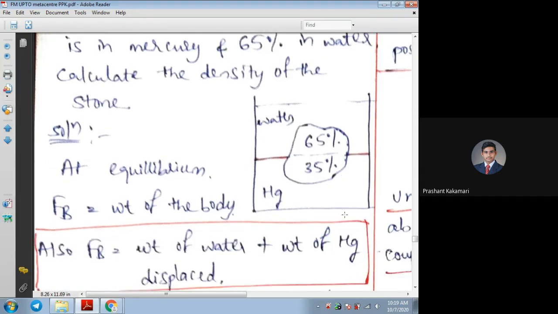So taking that again, the effective force applied by the given stone, you can consider.